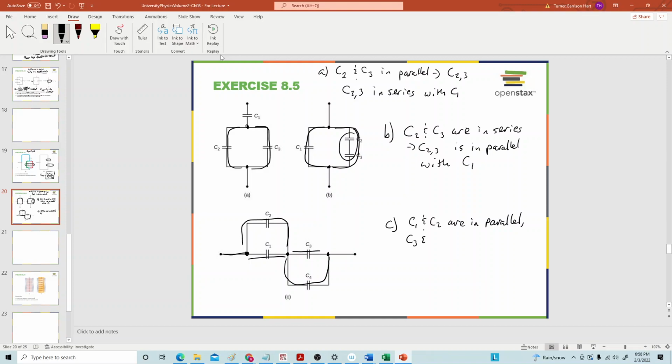Likewise, C3 and C4 are in parallel. And the combinations of C1,2 and C3,4 are in series with each other. Okay? So that is capacitors in series and parallel.